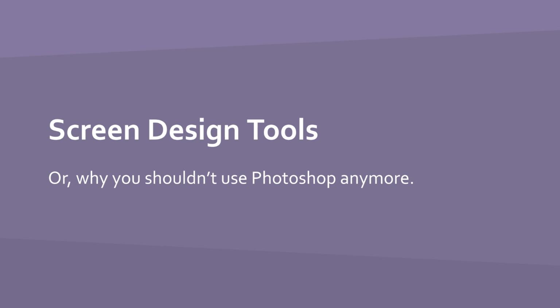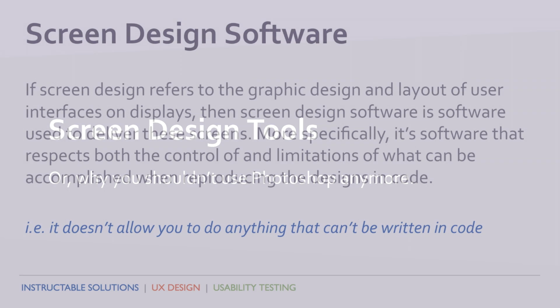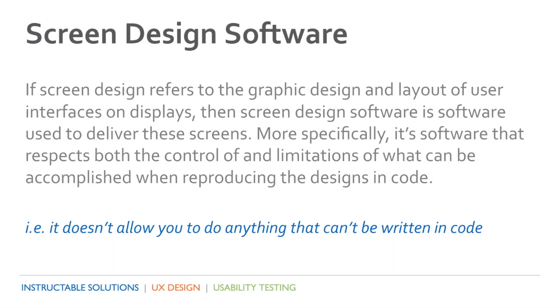From design systems to screen design tools, let me explain the way we execute on visual design today. It shouldn't be news to you that Photoshop should be used to edit photography. Modern day screen design software isn't new to the industry, but it's becoming more and more prominent when we approach user experience design.